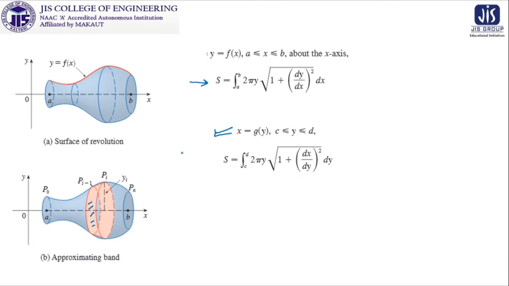So if it is with respect to y axis rotation, then it will be x equal to g(y), where y lies between c and d, and the formula will be, just as symmetrical, the integral of 2 pi x root over 1 plus (dx/dy) whole square dy. With respect to y we have to integrate.